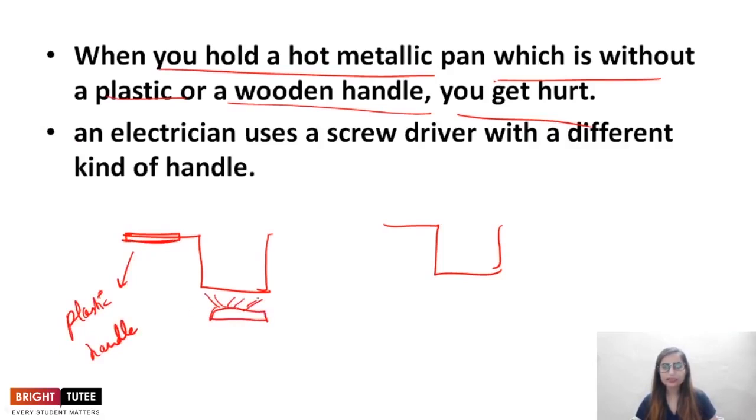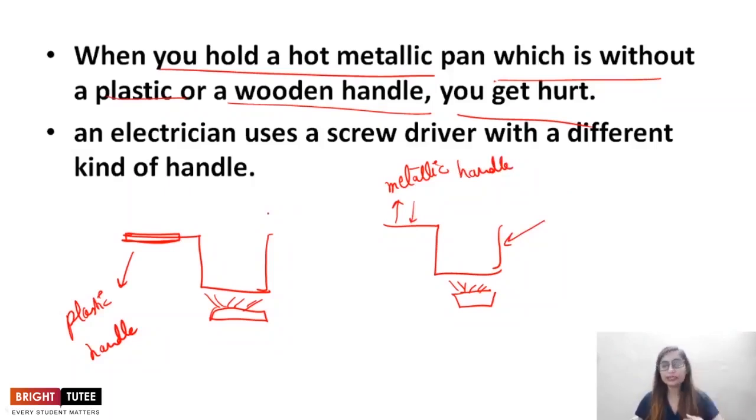You are heating this pan, and the second pan as well, continuously, and this one has a metallic handle only. Basically, the material which is present here is also present here. It does not have a plastic handle.